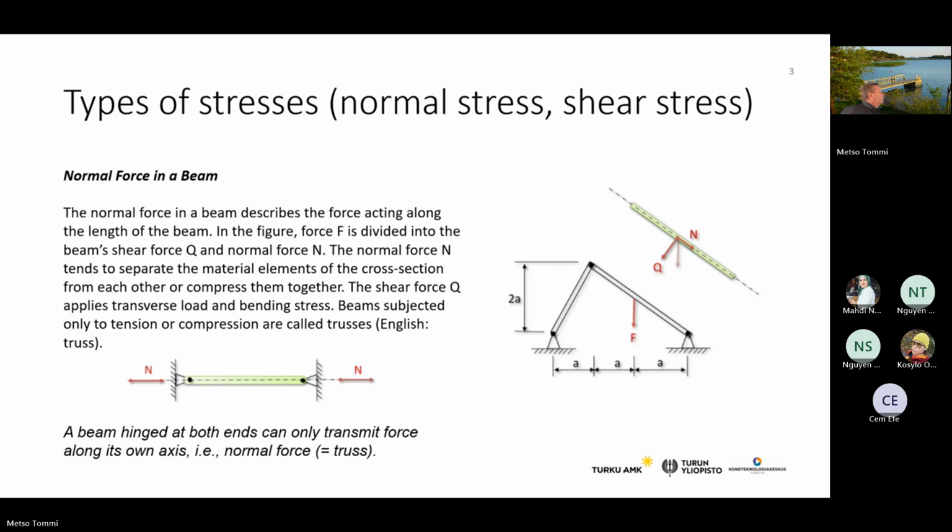In a beam, if there is a joint at both ends or they are hinged at both ends, as we talked in autumn, it can only transmit force along its own axis. And this was the construction that differs from this.